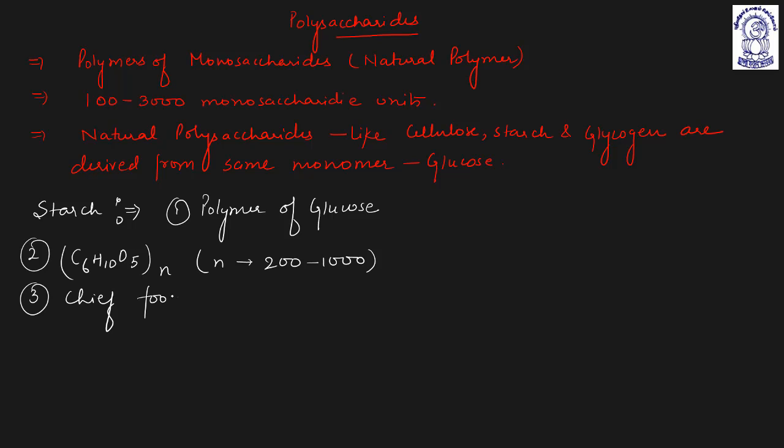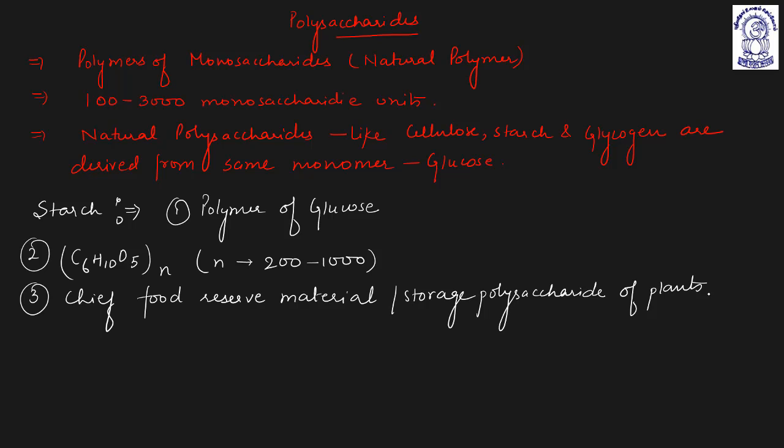It is the chief food reserve material or storage polysaccharide of plants, and it is mainly found in seeds, roots, and tubers, etc. Wheat, rice, potato, they all are rich sources of starch.